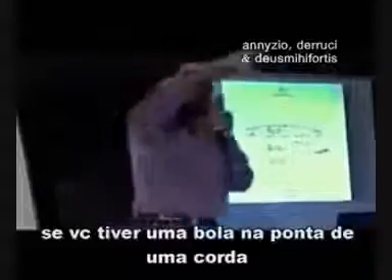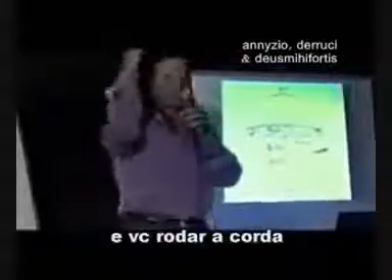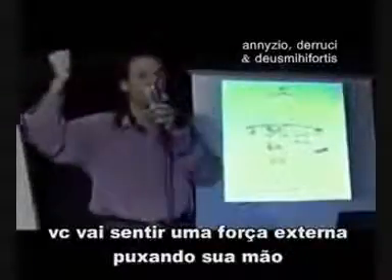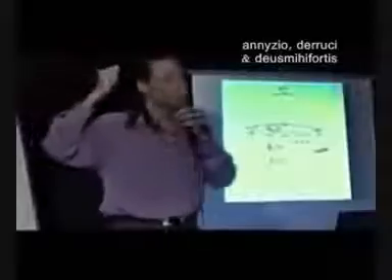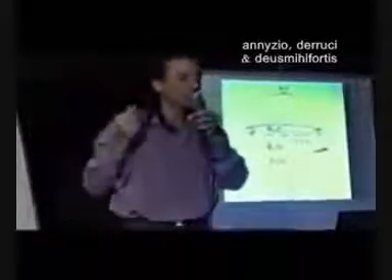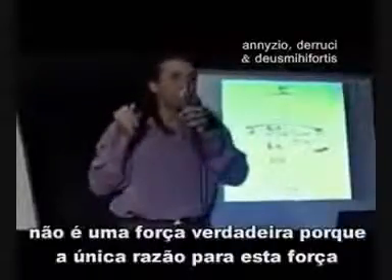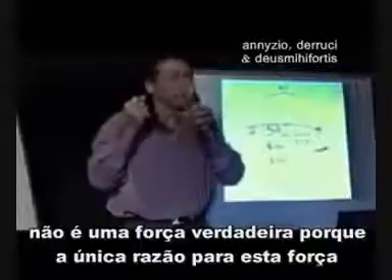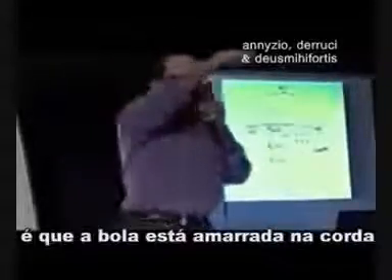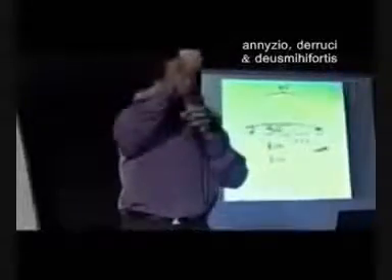If you have a sphere or a ball on the end of a rope and you spin the rope, you're going to feel a force outside pulling away from your hand, right? That is not a true force. It's called centrifugal force. It's not a true force because the only reason that force is occurring is because the ball is attached to the rope, which is attached to your hand.